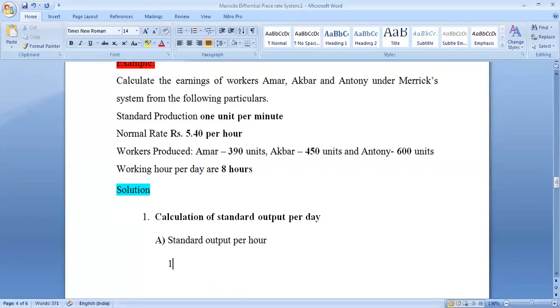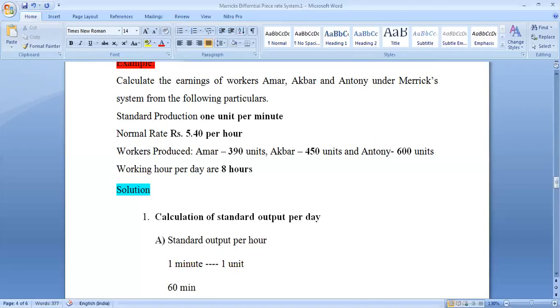To produce 1 unit, a worker takes 1 minute. So any worker standardly in that firm can produce 1 unit in 1 minute. There will be how many minutes in an hour? 60 minutes, right?